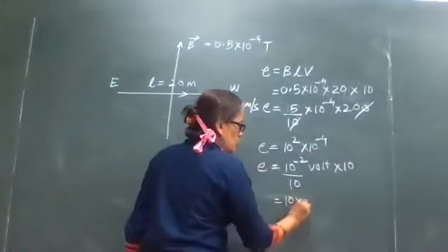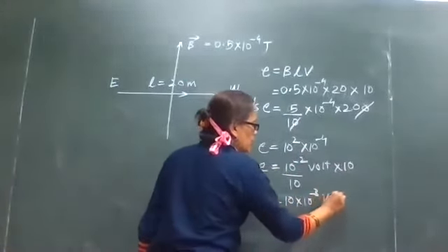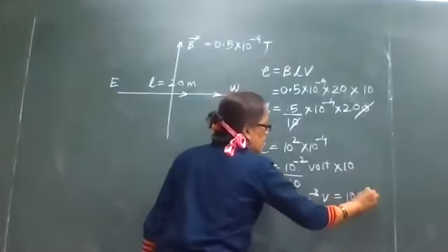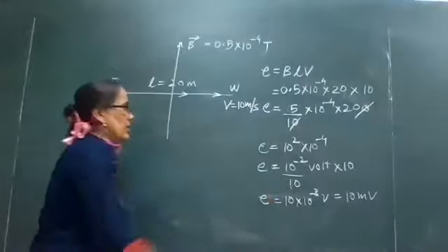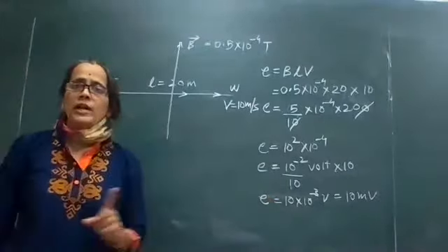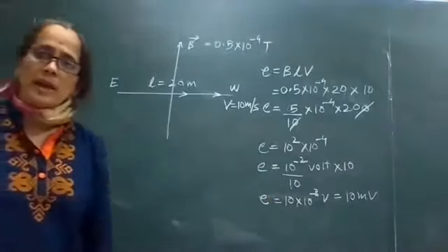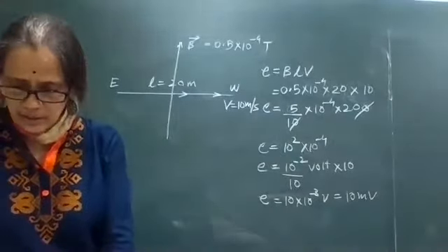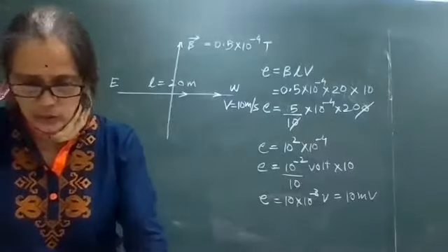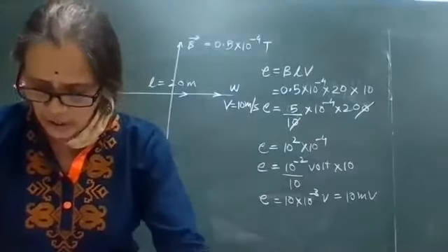So 10 into 10 raised to minus 3. The answer is 10 millivolt. So this is your induced EMF in the falling rod perpendicular to the magnetic field. Clear? Okay. Next.